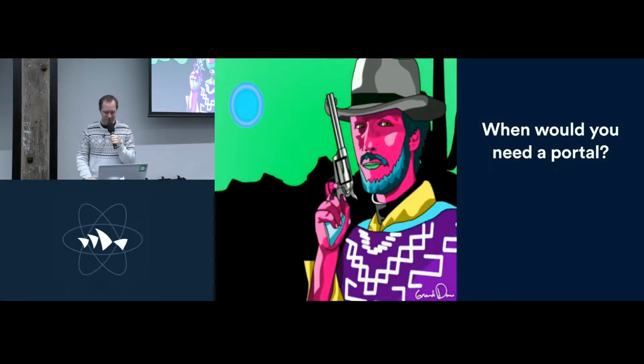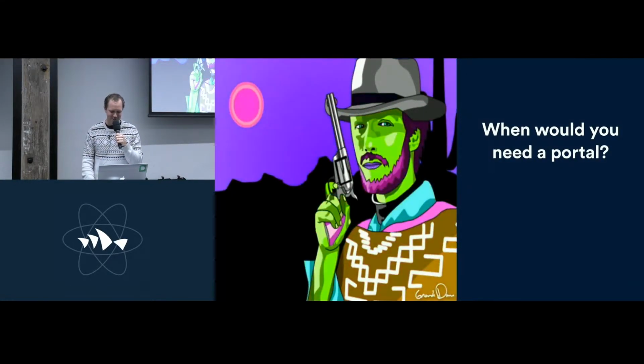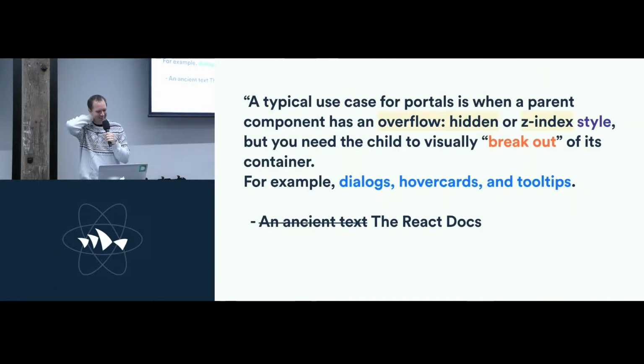So when would you need a portal? I like this GIF, a bit fun. This is from the React docs. A typical use case for portals is when the parent component has an overflow hidden or z-index, but you need the child to visually break out of its container. Other style things they didn't mention there are things like position fixed, or if you have a transform on a parent, or anything like that.